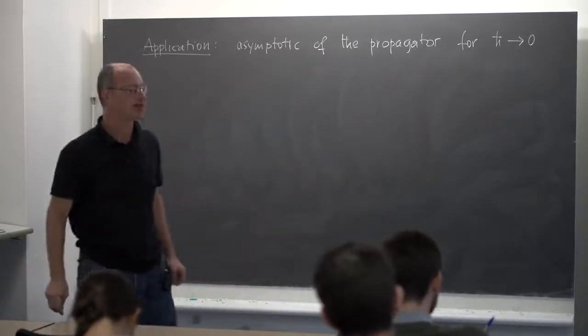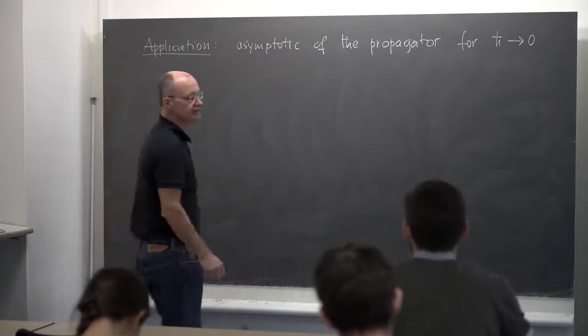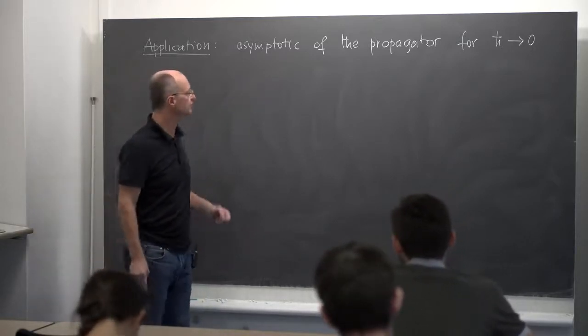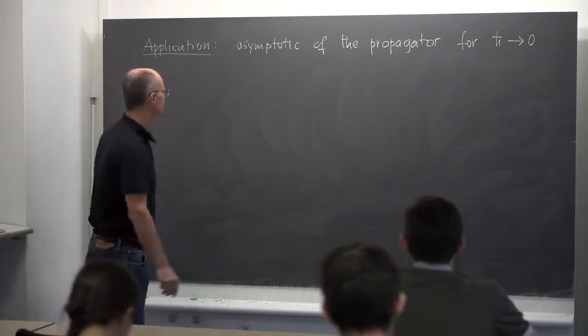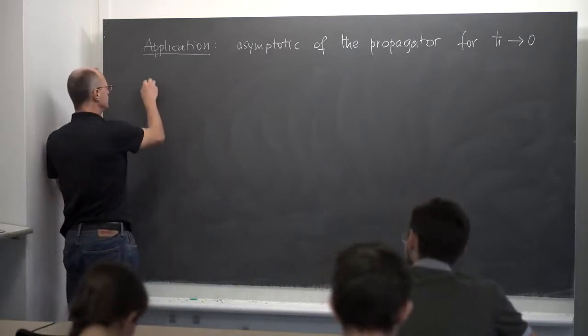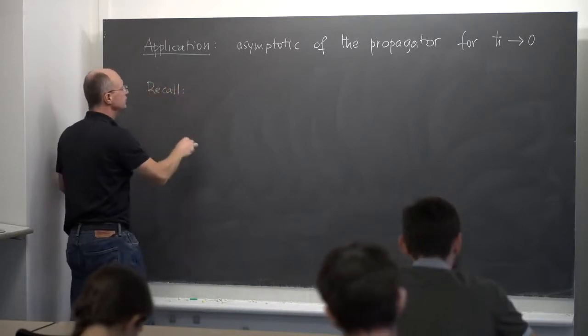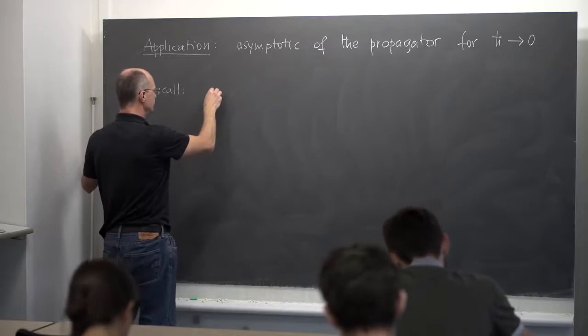So this is a quasi-classical asymptotic behavior similar to what we looked at before in the WKB, so the same type of expressions. And for that, probably I should recall the formula that we obtained last time.